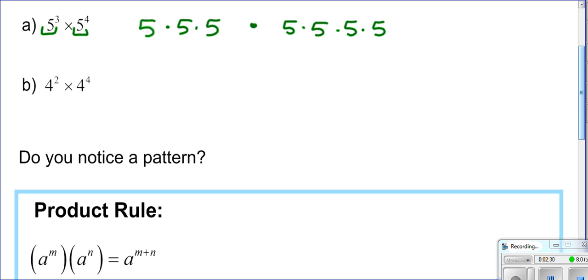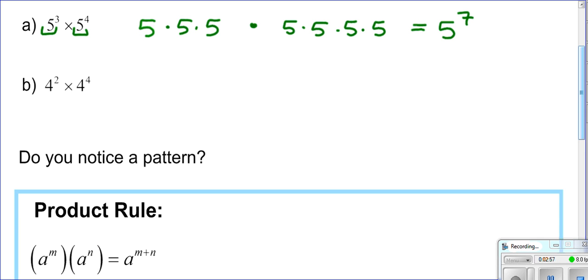I could type 5 cubed in my calculator, and then 5 to the power 4 in my calculator, and then times those answers just by following BEDMAS, especially now that we're using our exponents. But I want to just try writing it as a single power. And so I have a base of 5, and 5 is being multiplied 1, 2, 3, 4, 5, 6, 7 times. So this is actually the same as saying 5 to the power of 7.